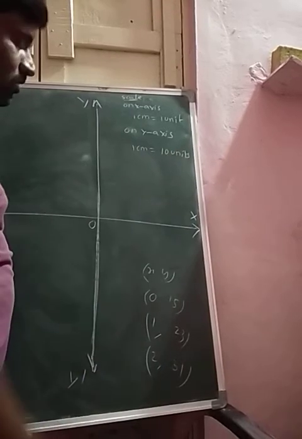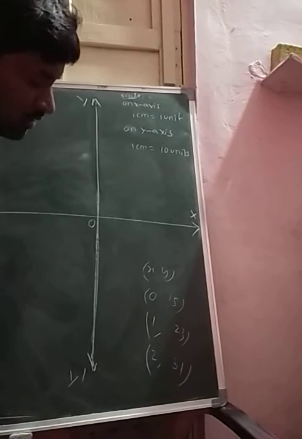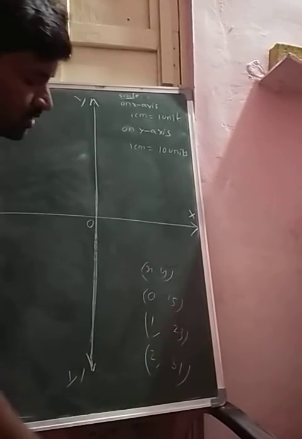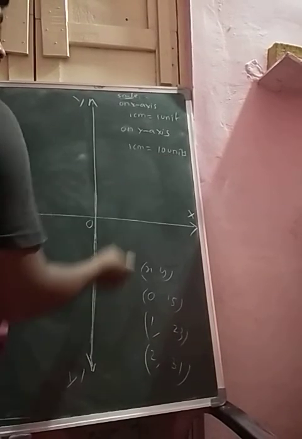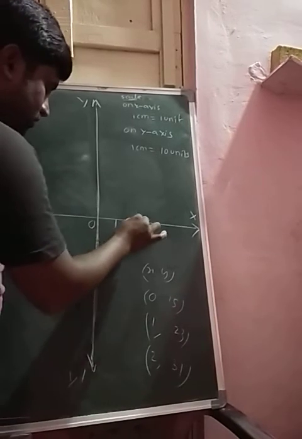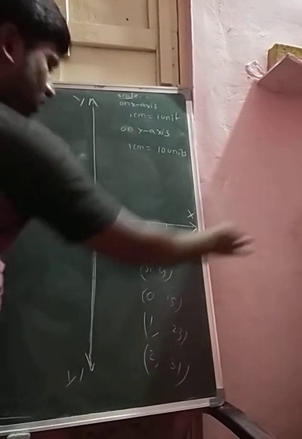You could also take 5 or 7 units, that is our wish. So now, like this, on the x-axis 1, 2, 3, 4, like that.